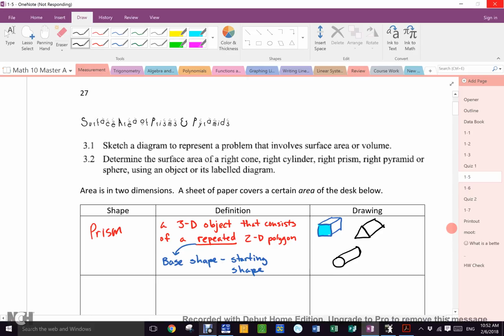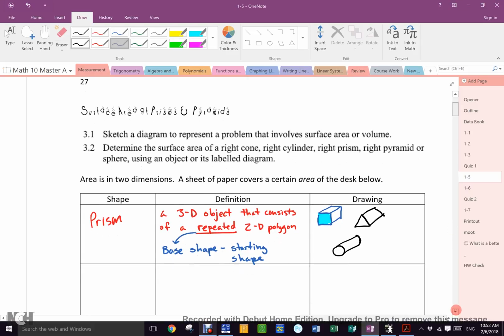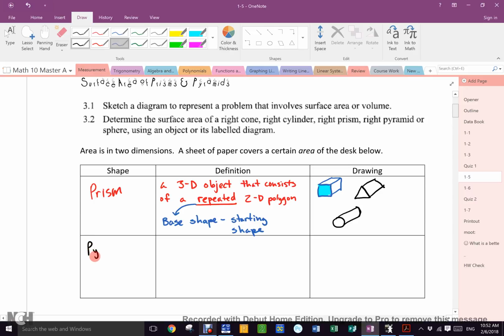Okay. The other shape that we deal with are pyramids. Now, you guys have all seen pictures of the pyramids. How is a pyramid and a prism similar? What's the same? Pardon me? What is the same about a prism and a pyramid? Think about it. We've drawn a prism right here, and you know what a pyramid looks like.